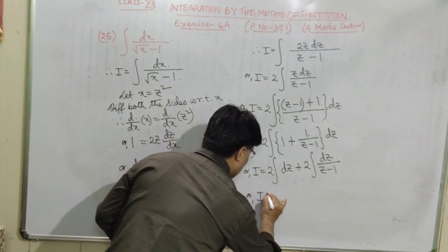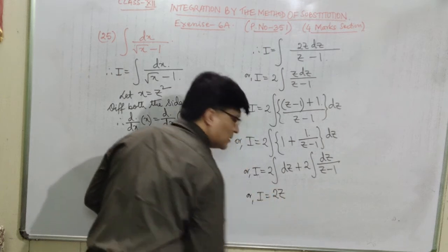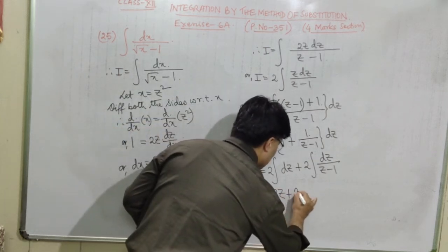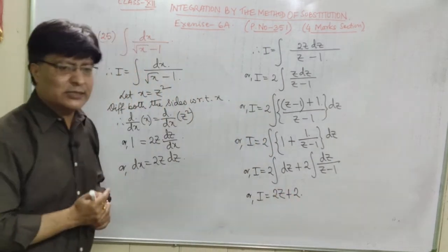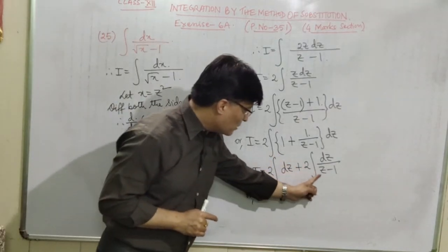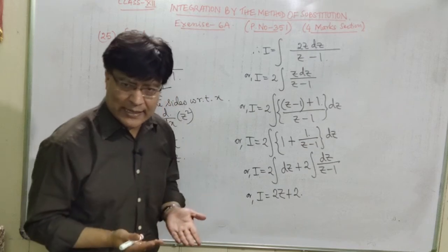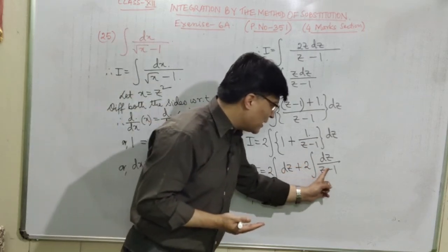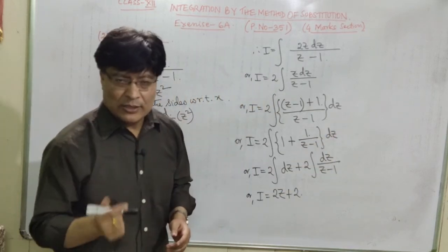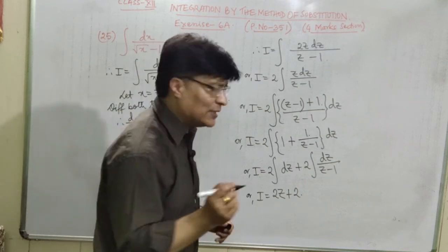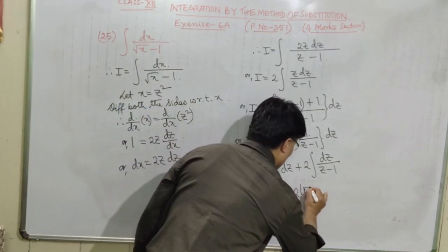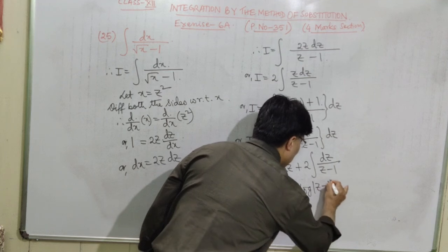So I is equal to 2, what is the integral of dz? That is z, plus 2 into, how can you integrate dz by z minus 1? Here the power of z is 1. So you can take this z minus 1 as z, since it is an algebraic function. So what is the integration of 1 by z dz? It is log z. So it is log of mod z minus 1.